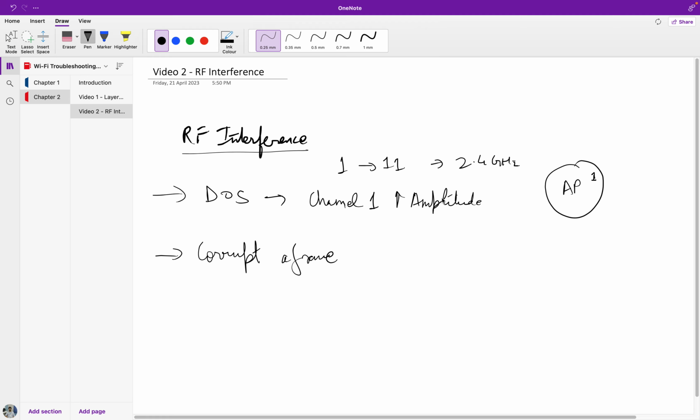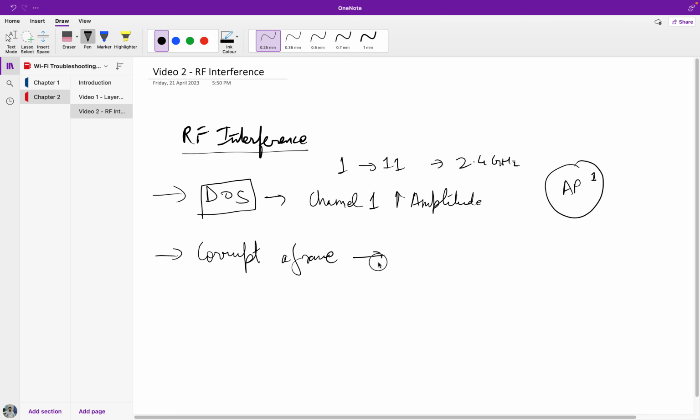What this will do is, any other client transmitting on that channel will stop transmitting. If there's a source of interference transmitting on channel number 1 at a very high amplitude, the other client on it will stop the transmission. This is going to cause a denial of service attack in a way, because if the interference source is transmitting at a very high amplitude, no other radio can transmit at that time. All the clients will defer their transmissions, and that will block that frequency from any transmissions happening, which is called, in a way, a denial of service attack.